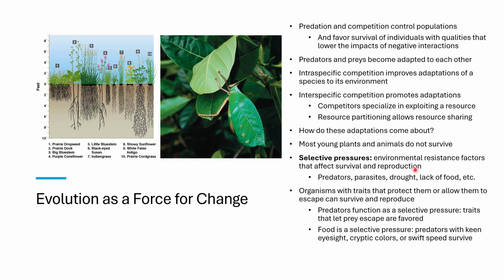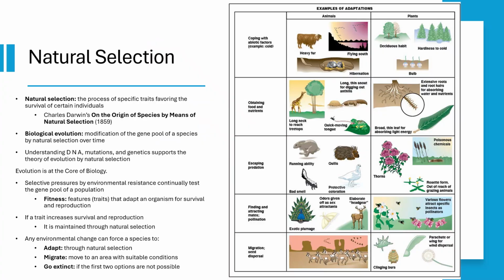So it's really the result of selective pressure, what we call again the environmental resistance factors, and those factors are affecting survival and reproduction. If you have an organism that has a trait that protects them or allows them to escape, they can survive and reproduce and they will pass on their traits to the next generation.